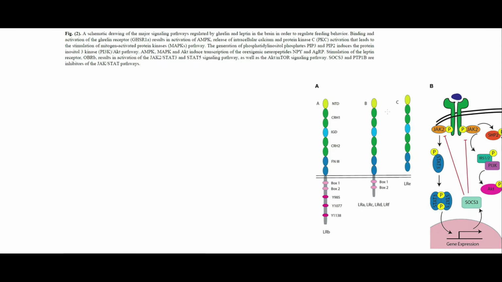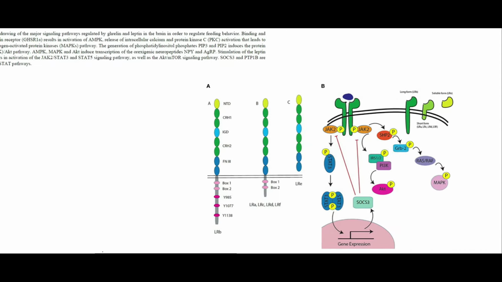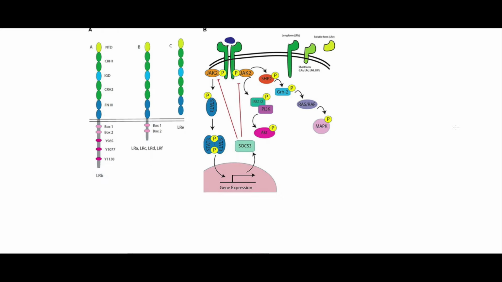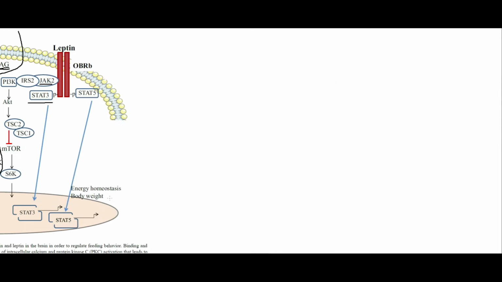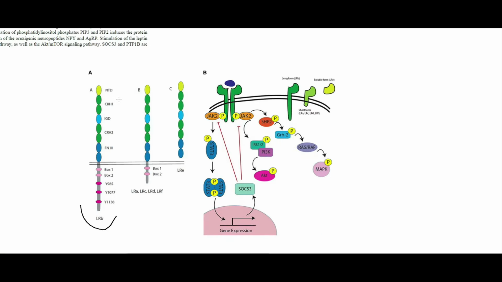One other thing I wanted to talk about with leptin is that it is alternatively spliced. So this LRB, which is also sometimes called OBRB, is sort of the main version for this leptin signaling in neurons. But we also have these truncated versions, which are found in the blood-brain barrier.